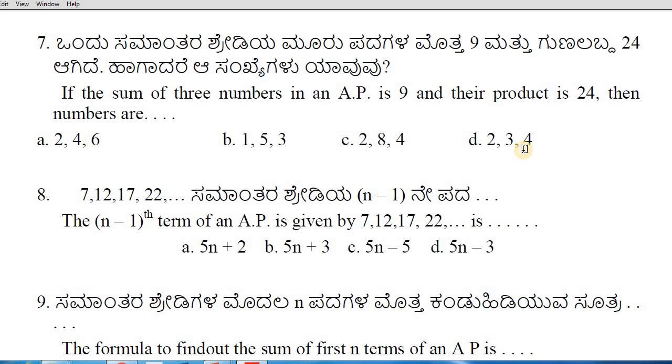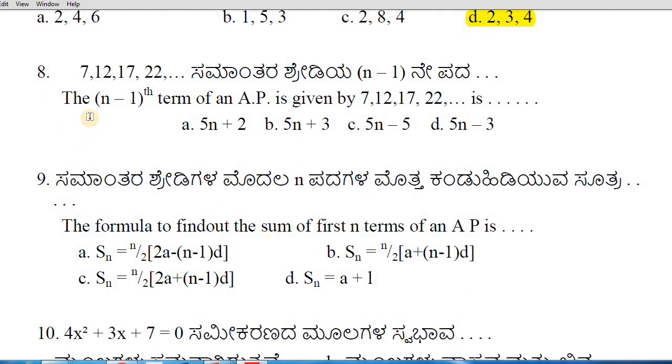Children, this problem you can solve, or else you can answer by trial and error method. So for this, the correct answer is... 2 added to 3 you get 5, 5 plus 4 is 9. So the sum we are getting is 9, and multiplying, 2 threes are 6, 6 fours are 24. So these numbers give a sum of 9 and a product of 24. Hence option D is correct.